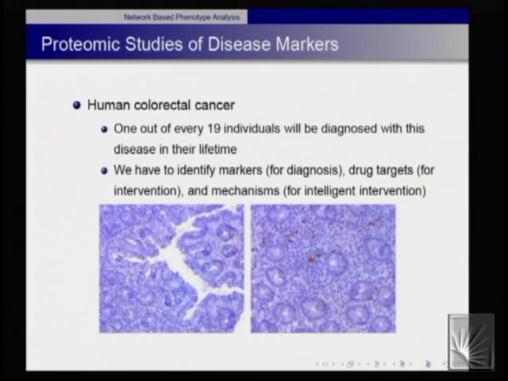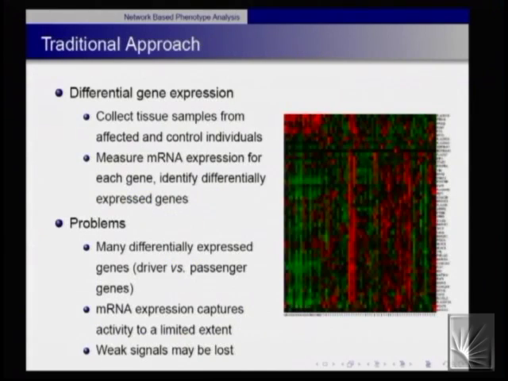Actually, one in every 19 individuals are expected to be diagnosed with colon cancer in their lifetime. So we have to identify markers, drug targets, and we have to also actually recover the mechanisms so that we can also, for example, intervene in the later stages. It is important to know the mechanisms to be able to intervene even in the later stages.